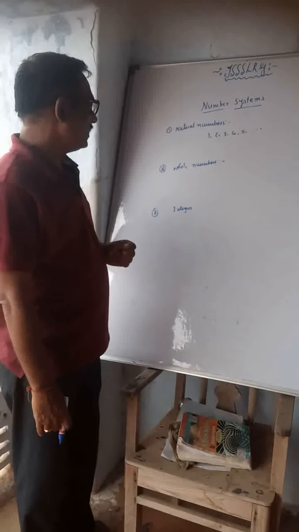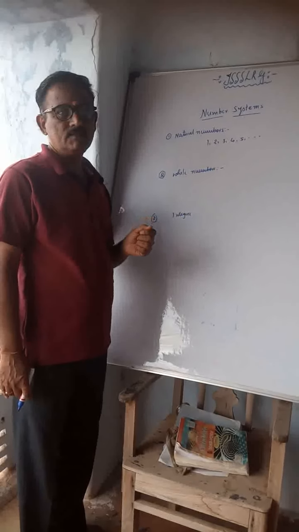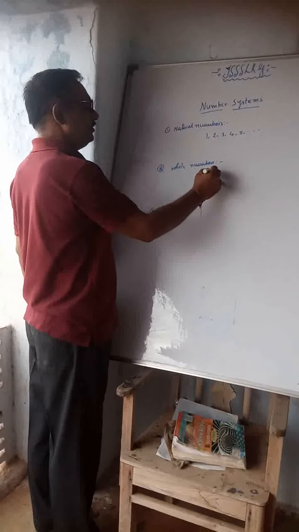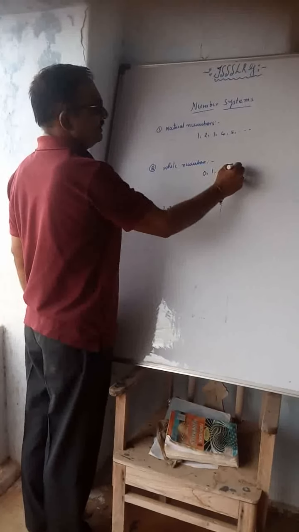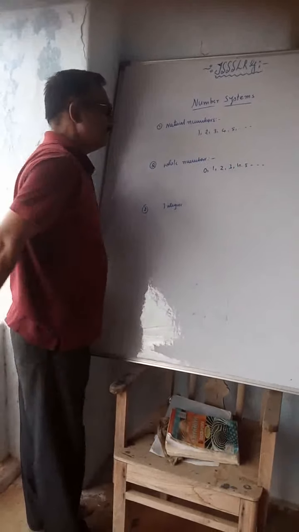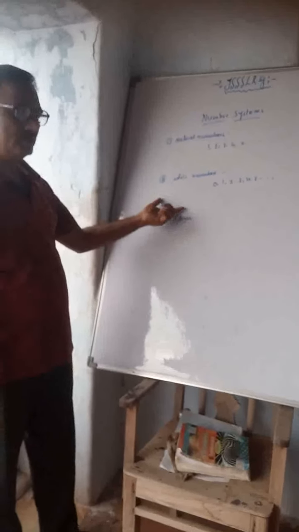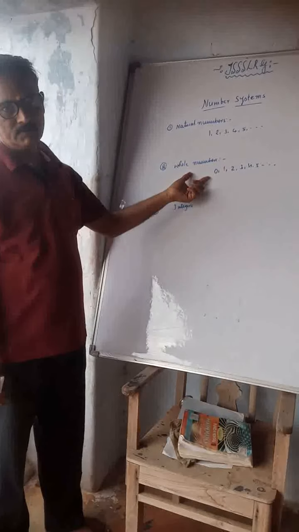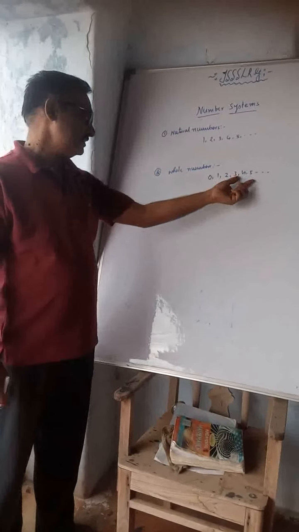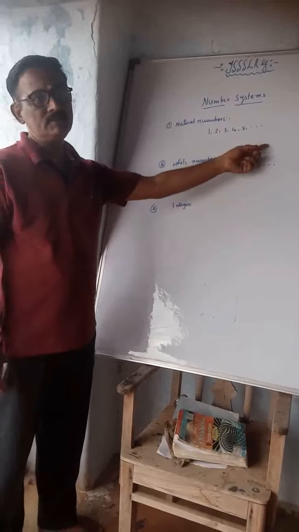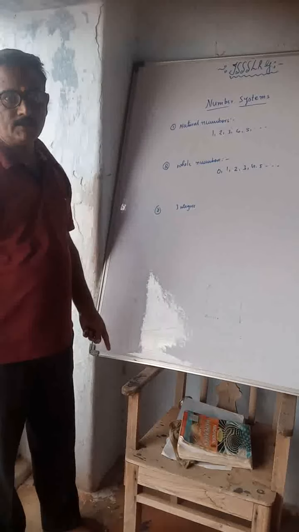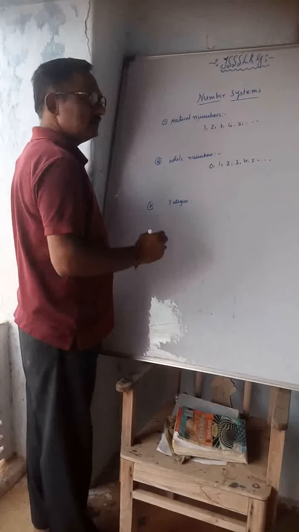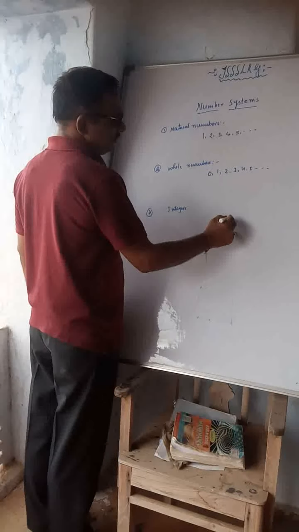Later on they take some other type of numbers, including 0: 0, 1, 2, 3, 4 and 5. These numbers we call the whole numbers. The difference between the natural numbers and the whole numbers is, natural numbers with 0 form the system of whole numbers.